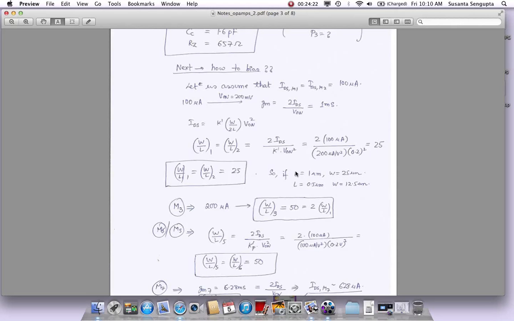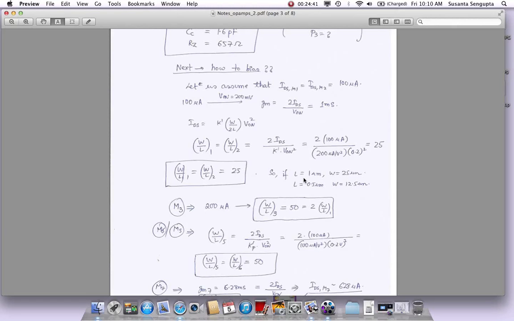So what that means is if I chose L as 1 micron, let's say, then W will be 25 micron. If I chose L as half a micron, W would be 12.5 micron. What I would try to do is use a long channel device to make sure that all these equations are valid.